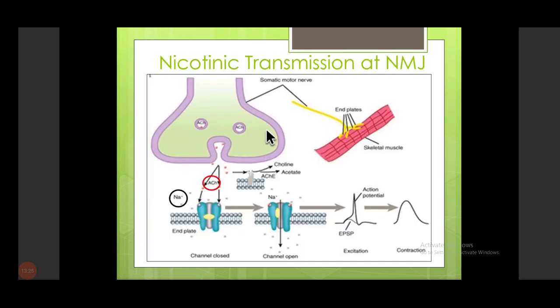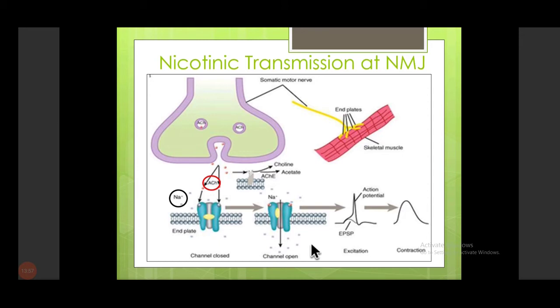Now, a brief about nicotinic transmission at the neuromuscular junction. As we have already talked about, there is expulsion of ACh through the axonal membrane and binding of the ACh at the nicotinic receptor sites, with sodium lying on the exterior. After ACh binds to the site, sodium goes into the cell, and an EPSP, or excitatory post-synaptic potential, is generated.